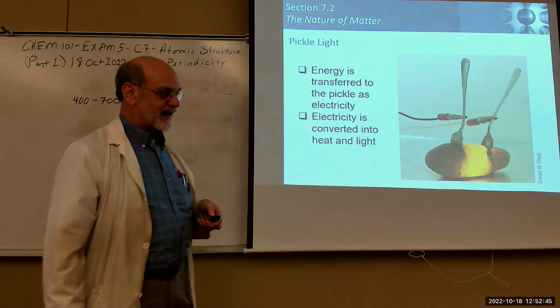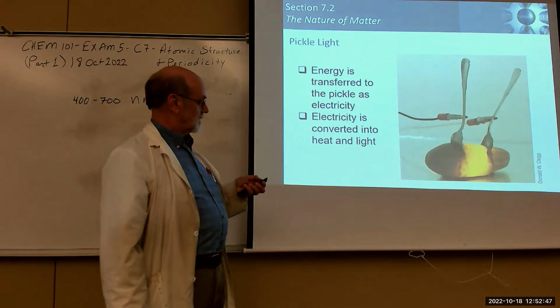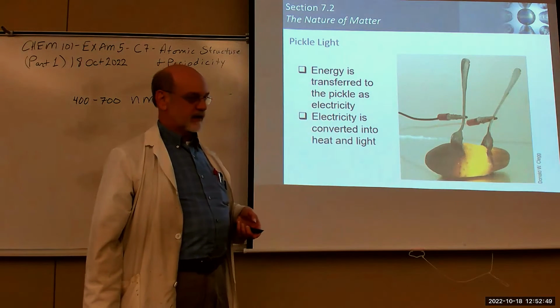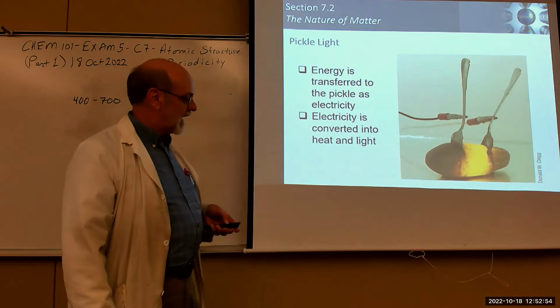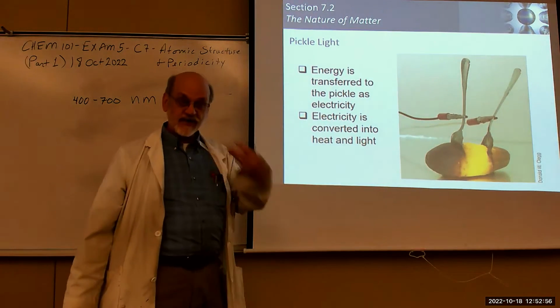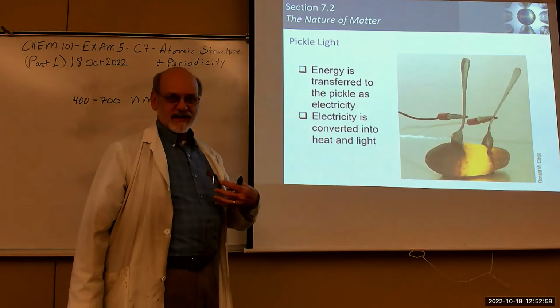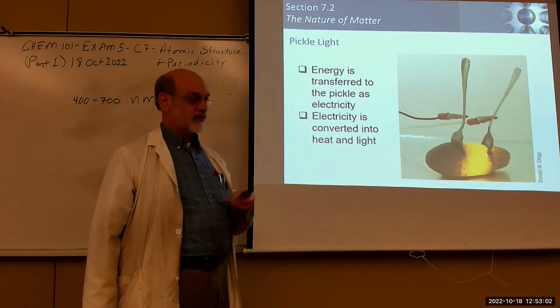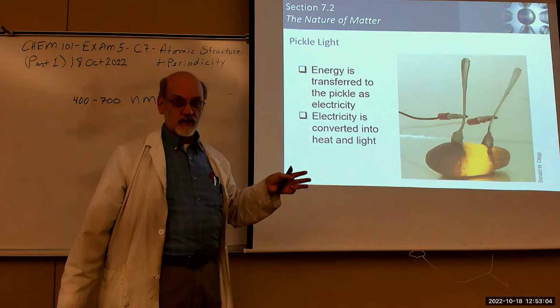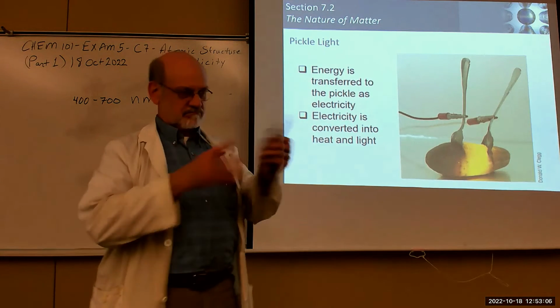But you can also add energy other ways, like with this pickle, we're running a high voltage direct current through it. And when we heat the atoms up in that pickle, they give off energy as light. So remember, energy can't be created or destroyed. It can only be transformed.